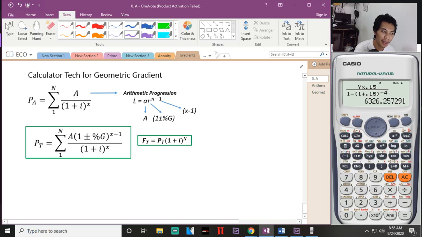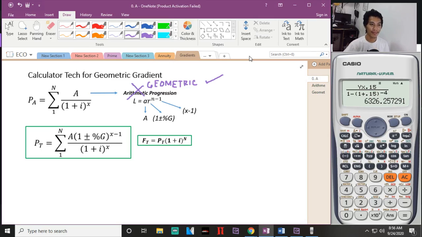Now, hindi na arithmetic progression to. This is now geometric. Pinalitan natin. Geometric gradient. Okay? Geometric progression na. Eh di maaalala natin si Larny. Oh, si Larny, ano ba yon?